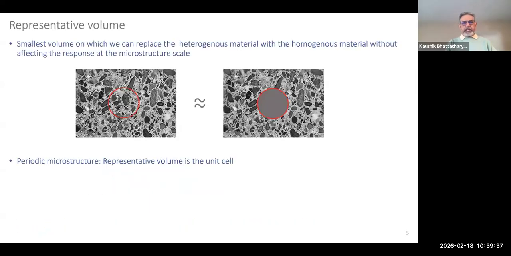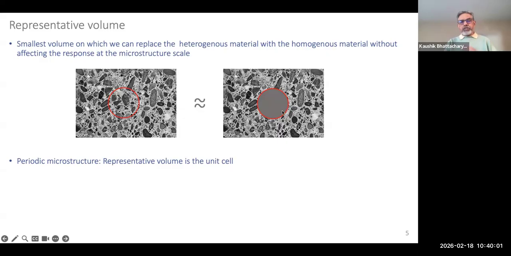Okay. The second idea I'll introduce is something called a representative volume. So if I have a heterogeneous material, and if I'm using it in an application, there is some length scale on which I don't see the fine details.